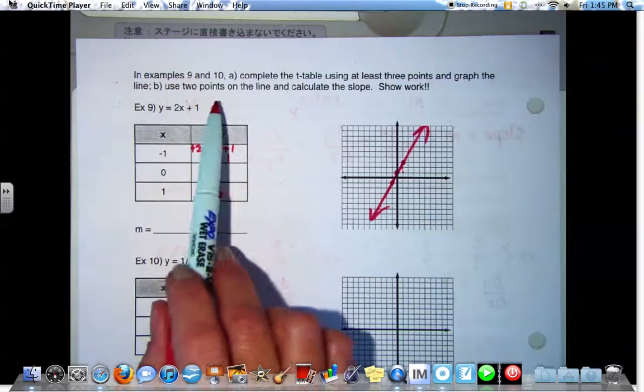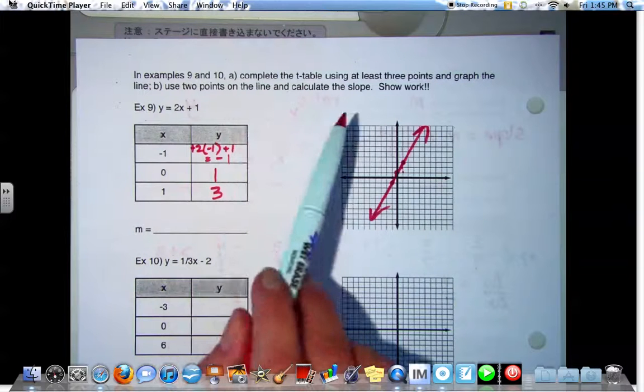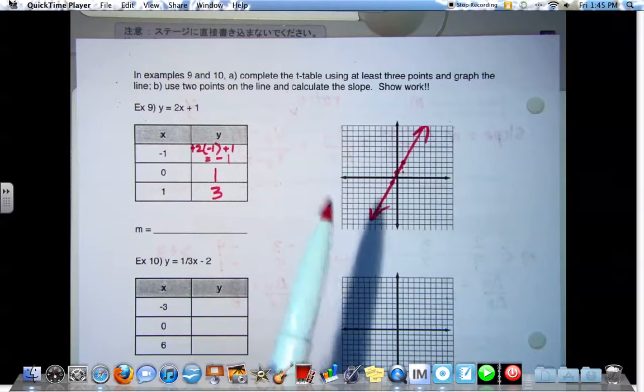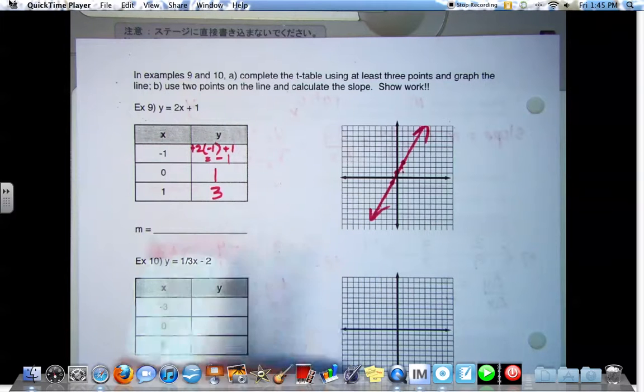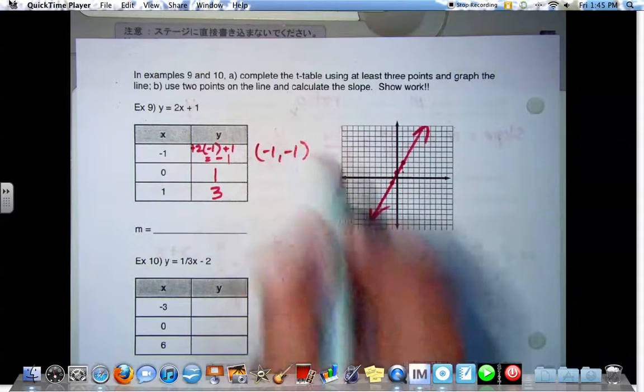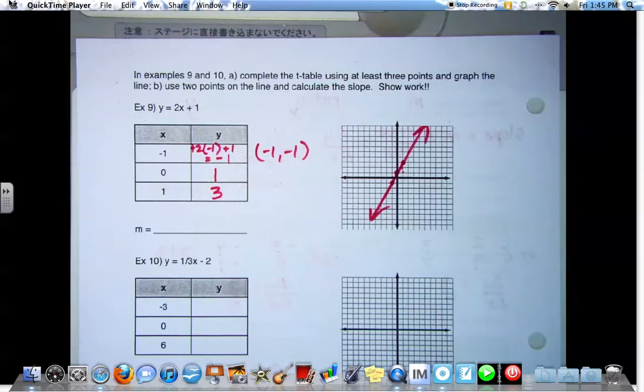Now we need to use 2 points on the line and calculate the slope. So, Virgil, which point do you want to start with? I just used the negative 1 in the first step. Okay, negative 1 and negative 1. Becca, pick the other point. 0 and 1. Okay.